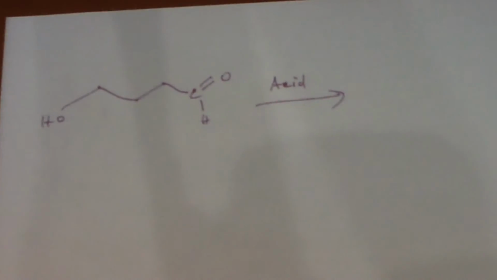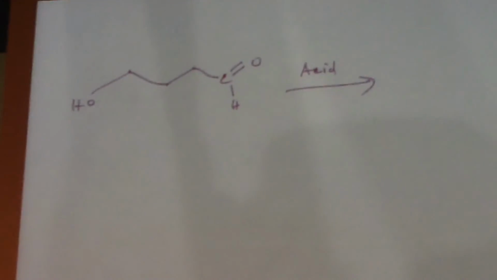Now, one interesting thing is that you can also make a cyclic acetal. So, if you have a molecule such as this, let's assume that you have a molecule like this, which has both the carbonyl group and the alcohol in the same molecule.